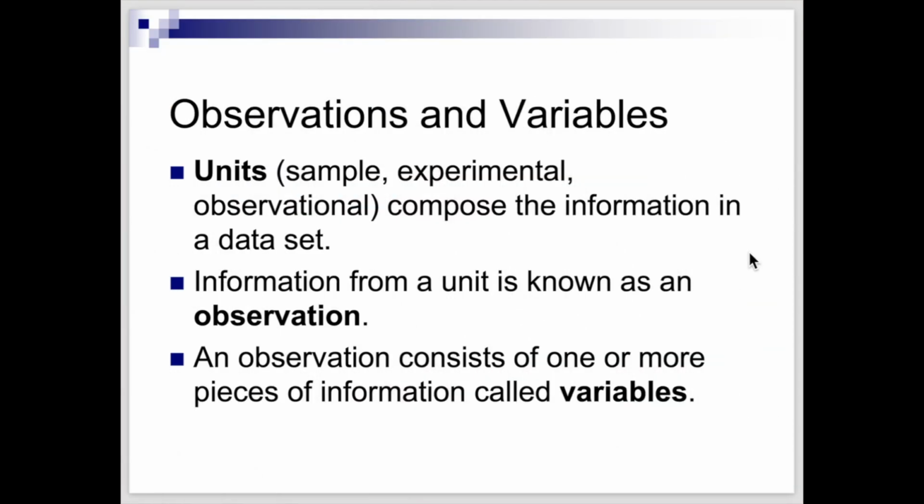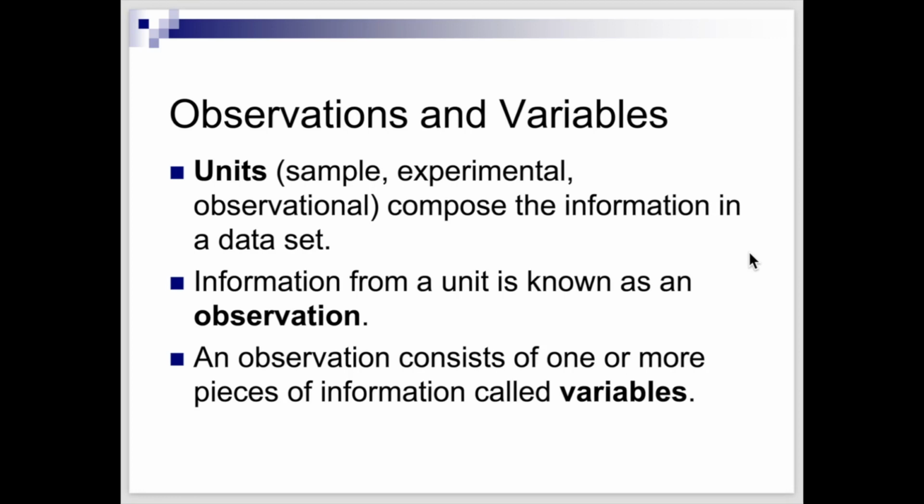So let's talk about observations and variables. Well, we have to talk about units, and there are a variety of kinds of units that we can talk about in the context of a data set in a study or experiment. One would be a sample unit or a sampling unit. Another type of unit is called an experimental unit. We might also talk about observational units.